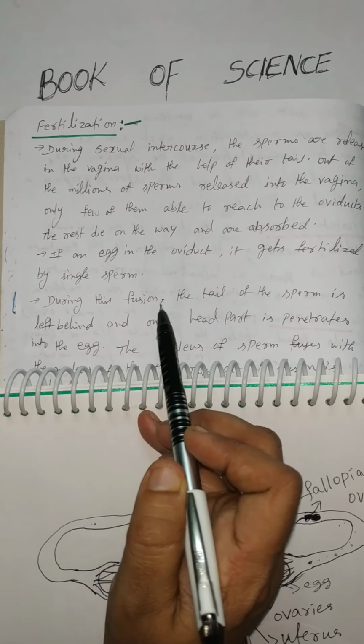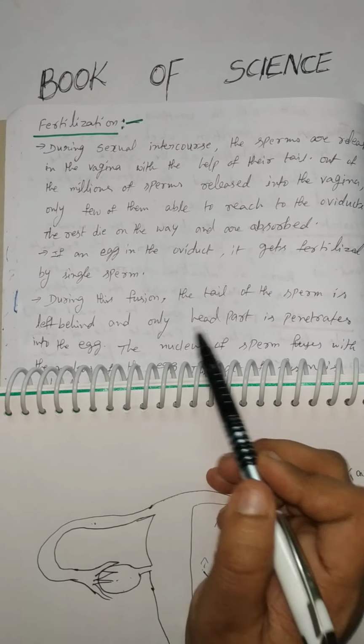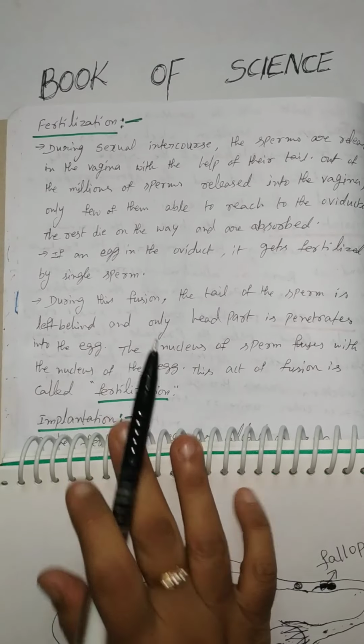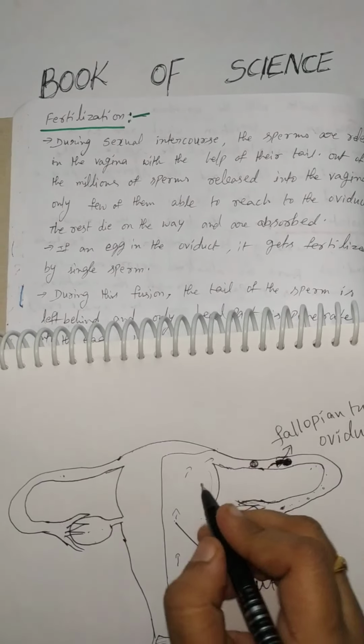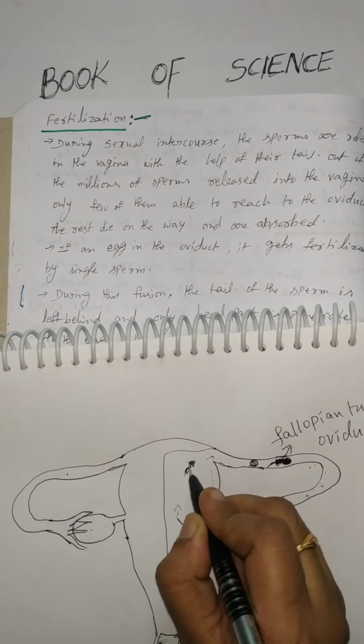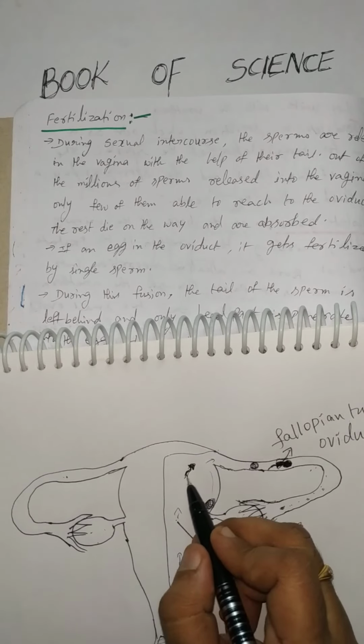During this fusion, the tail of the sperm is left behind and only the head part penetrates into the egg. So the tail is only useful for the transportation of the sperm in the female reproductive system.